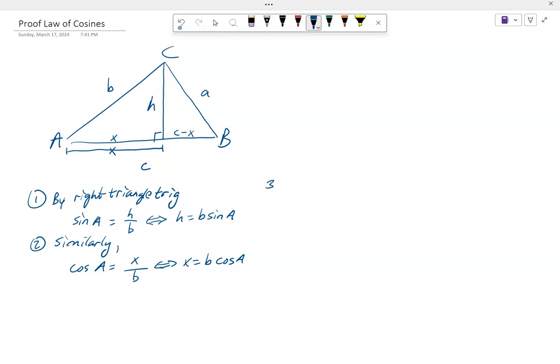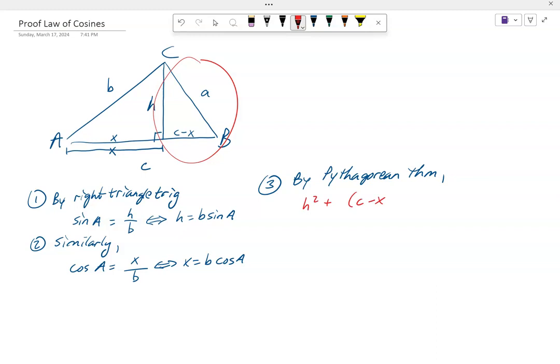And now we know by the Pythagorean theorem, if I take, let me go over here to this right triangle right here, h squared plus that c minus x squared would equal a squared, right, by the Pythagorean theorem.